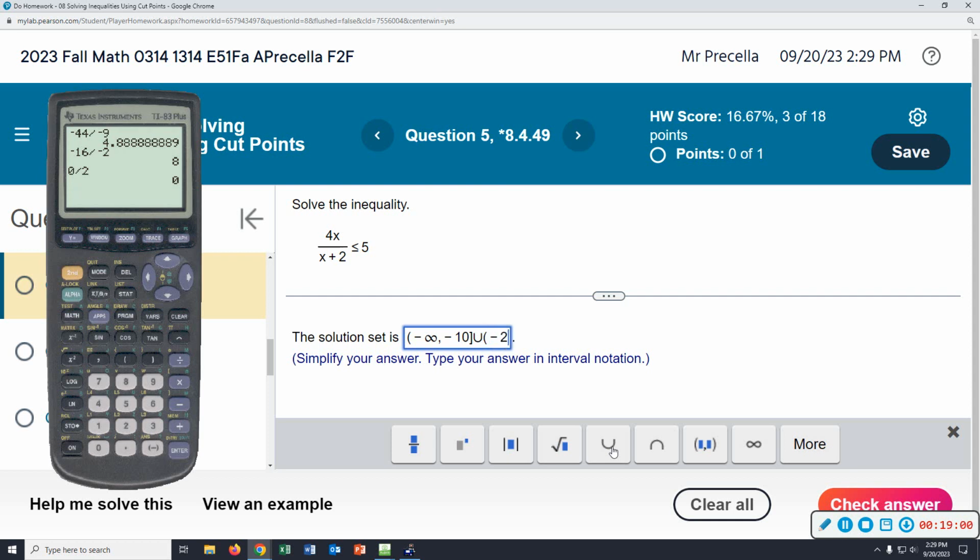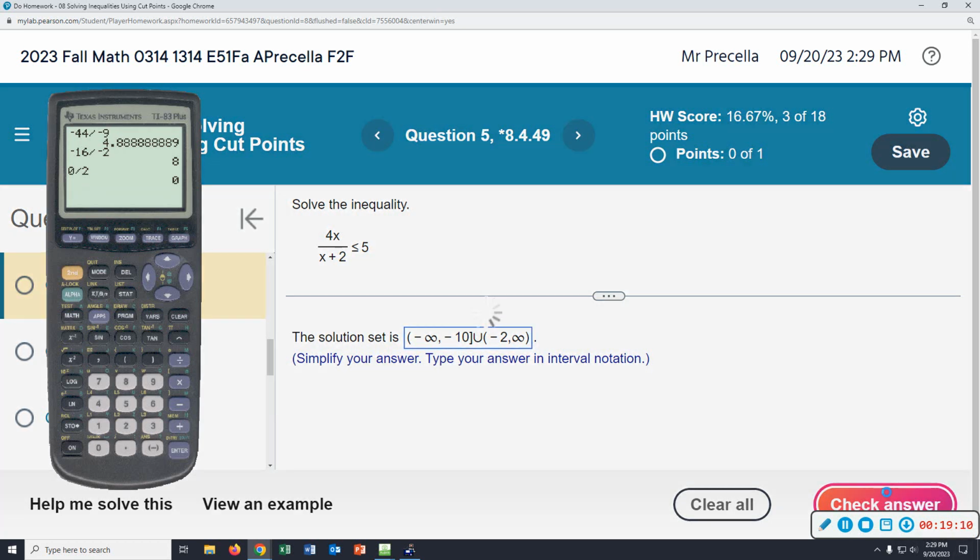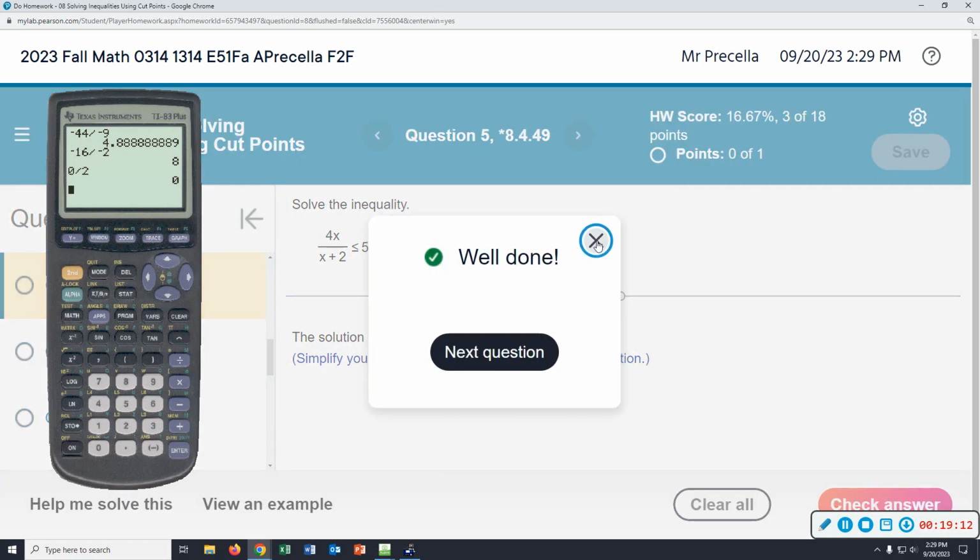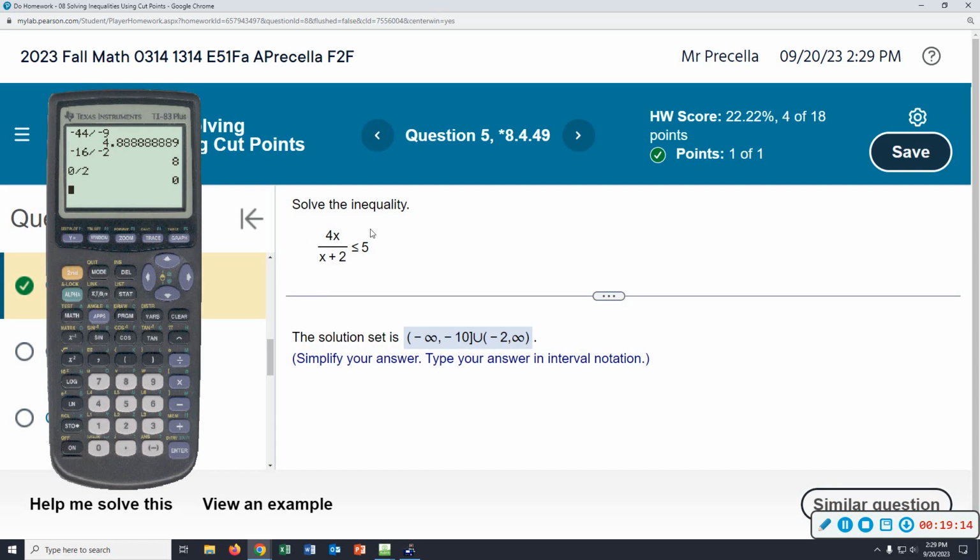You might be sitting there thinking, oh my gosh, this cut point method is so hard. And I always tell students the same thing about this cut point method. The first time I was solving these in college, our teacher had a method called think about it.